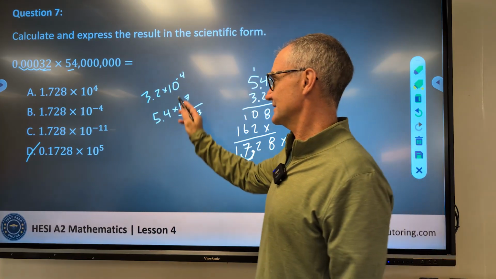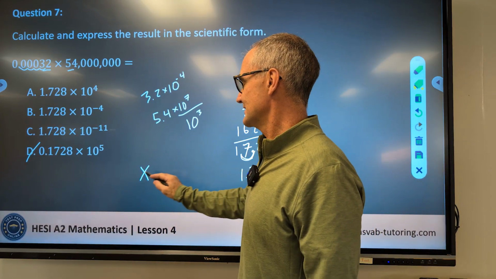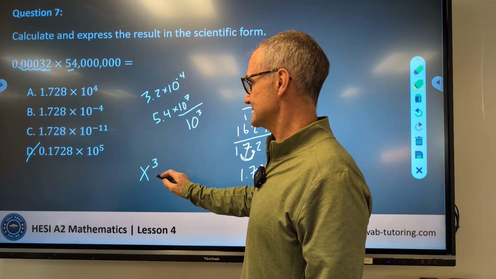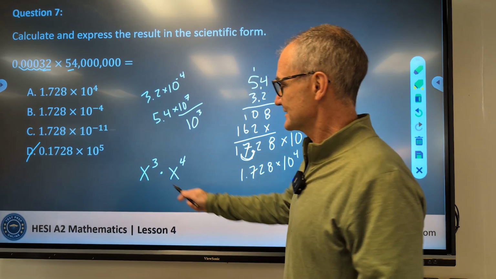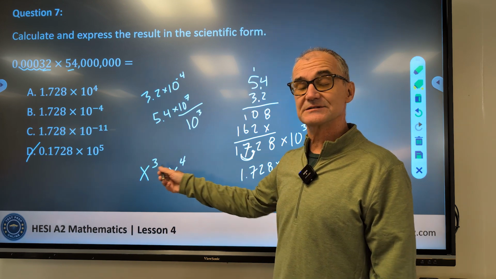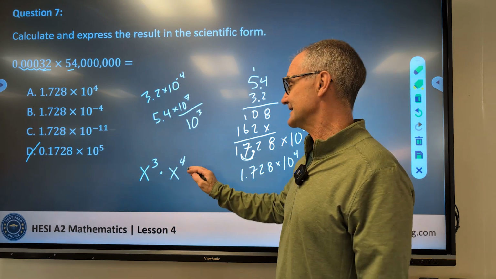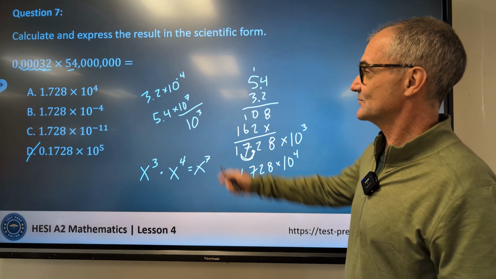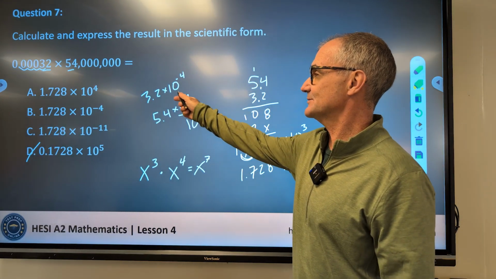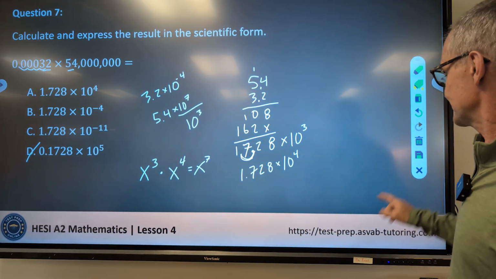The rule on these exponents is that if I have the same base, different exponents, and it's being multiplied, I add the exponents, like x to the seventh. That's why I added my exponents here, to have the same base number.